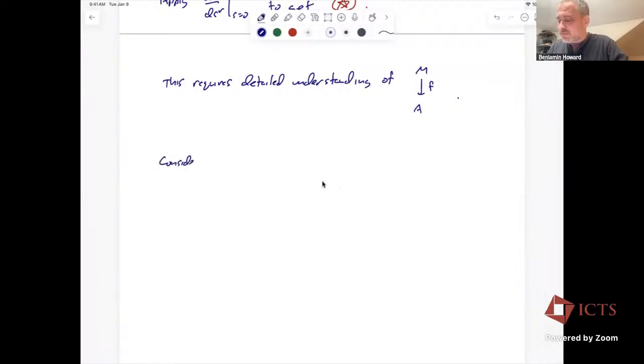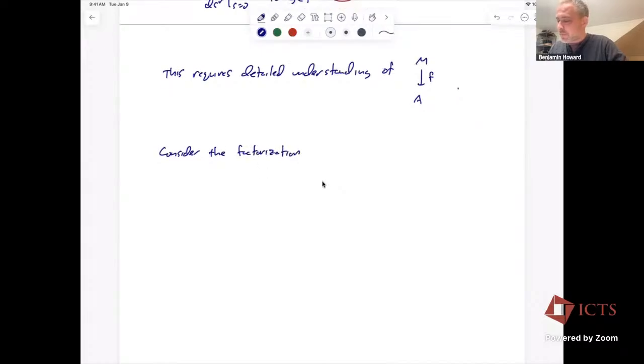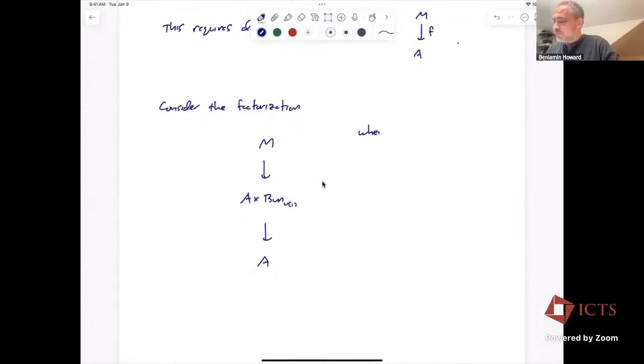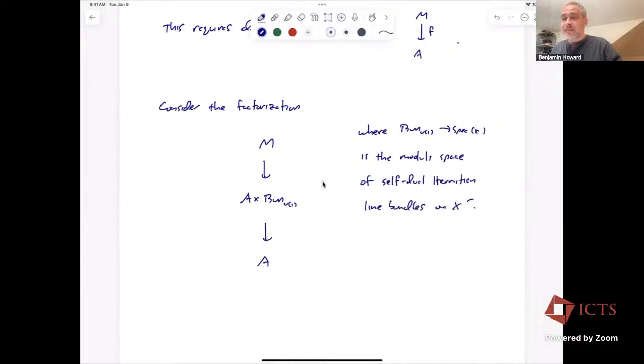Consider the factorization of M going down not just to A, but inside we're going to have A cross Bun U_1, where Bun U_1 is the moduli space of self-dual Hermitian line bundles. And what is the map?